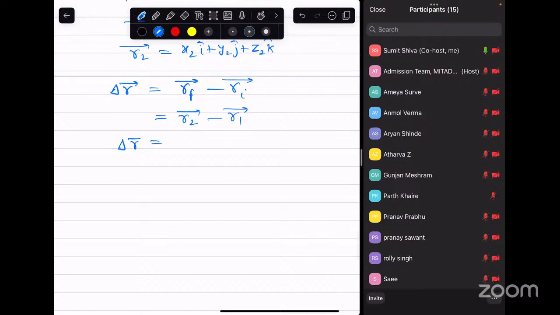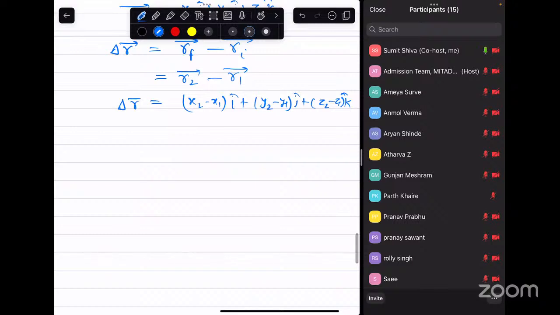Delta R will be (x2 minus x1) i cap plus (y2 minus y1) j cap plus (z2 minus z1) k cap. This is the displacement vector of a point which is moving in a plane.